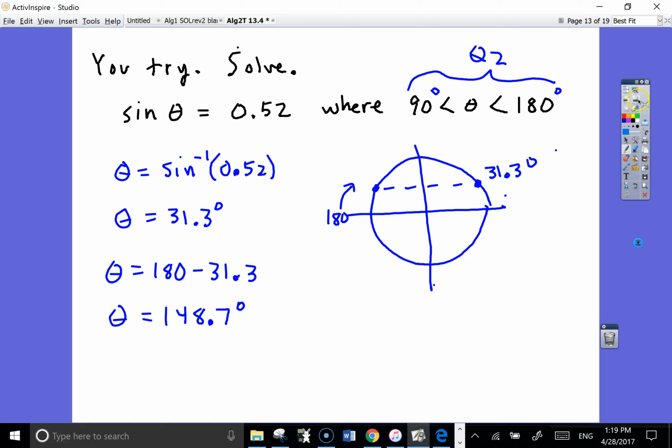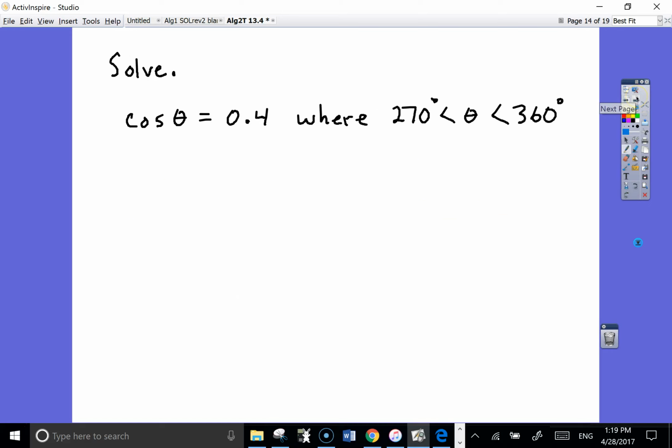So sure enough, that's the other place where sine has that same value. Okay, that's the sine. Now we're going to do cosine. Find the theta where cosine equals 0.4 and theta is between 270 and 360. So first step, theta equals cosine inverse of 0.4.